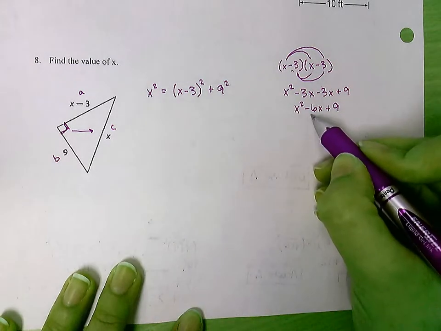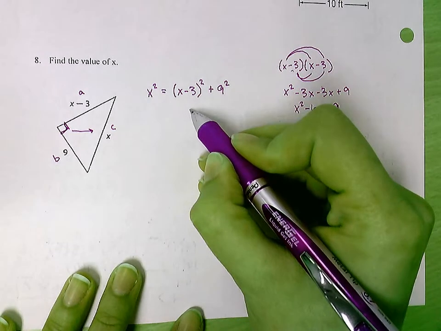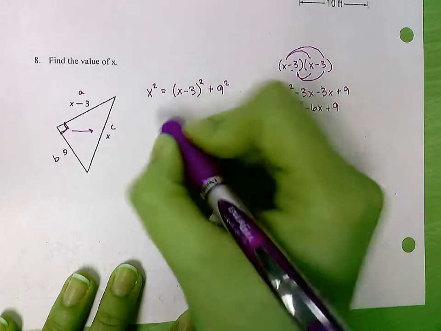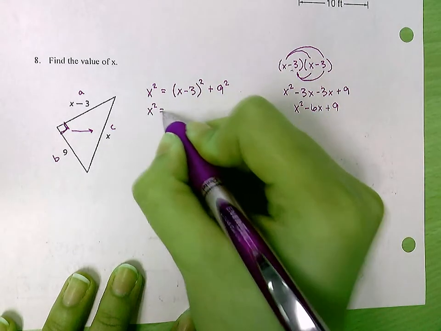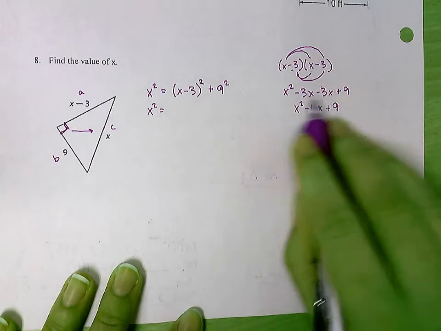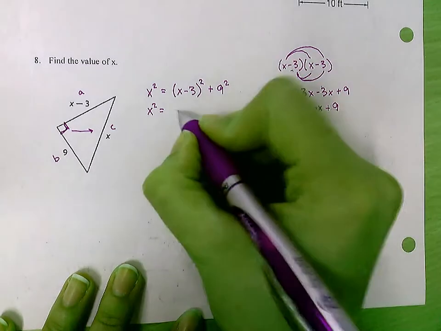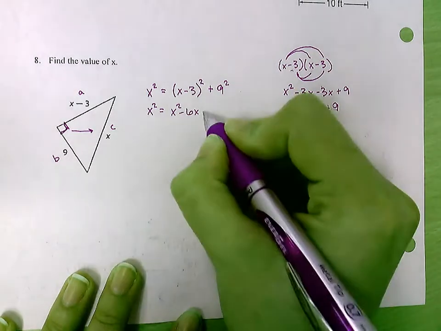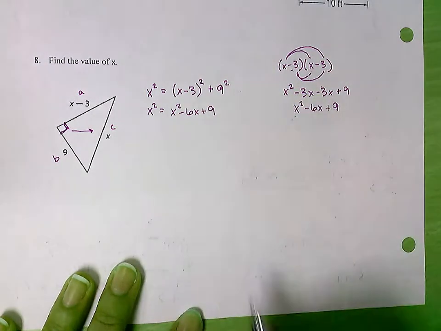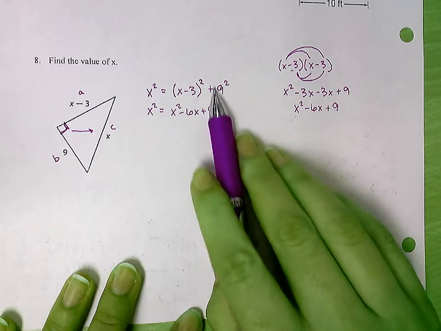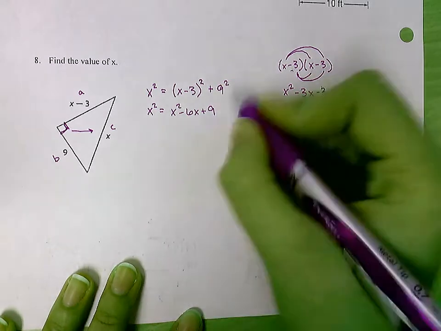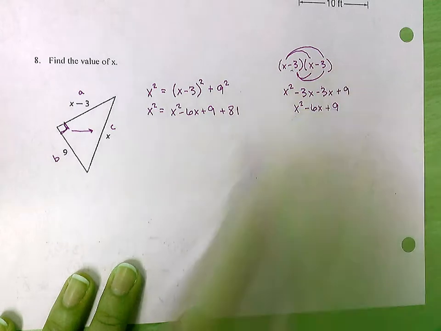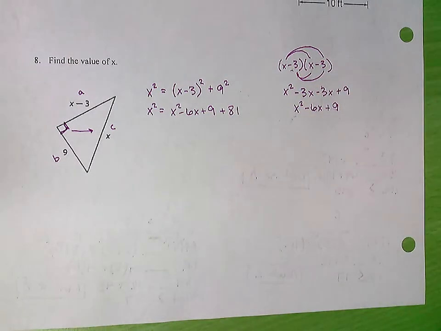Now I want to bring that back over here. So I just simplified this piece. So I still have x squared is equal to, I can write what I just found in. We have x squared minus 6x plus 9. Okay? Then I have to add on that 9 squared, right? So plus 81.